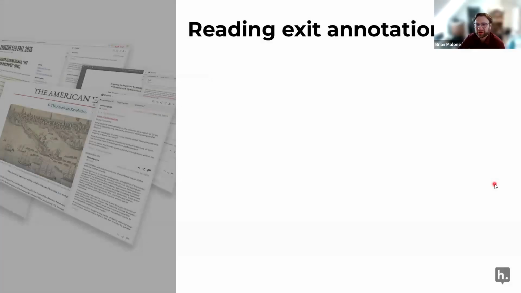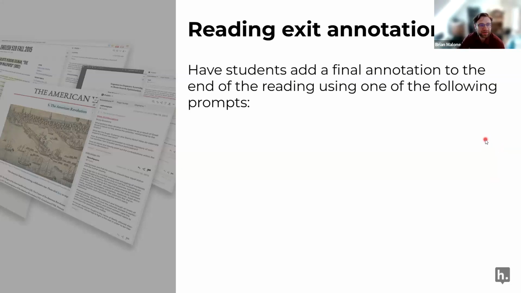And the last, and this is one that I really love, and it's one that I would like to use. Reading exit annotations. The idea here is that at the very end of your reading, you as the instructor write an annotation that asks the students to reply with a response to one of the following prompts.